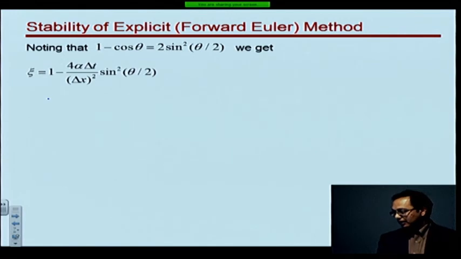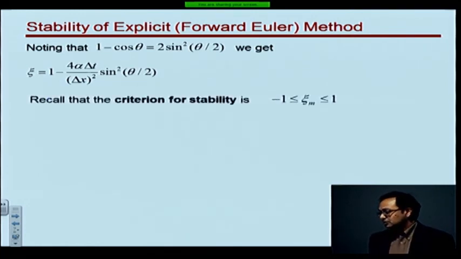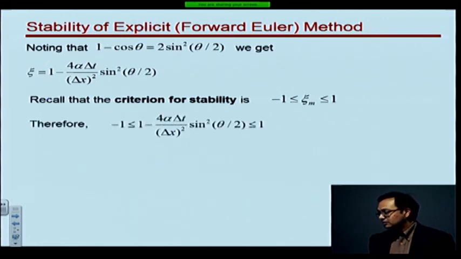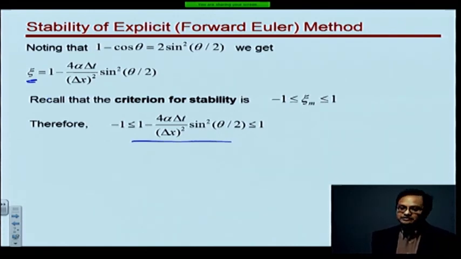And so my xi becomes that when I use it. The stability criterion is that. So if I take my xi and plug it in there, that's the inequality it has to satisfy.